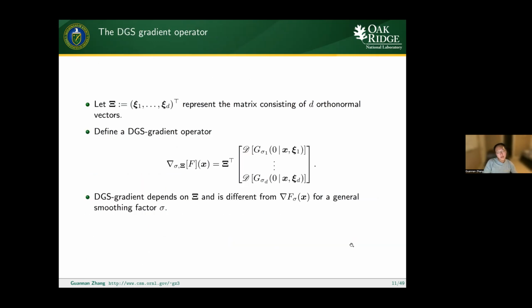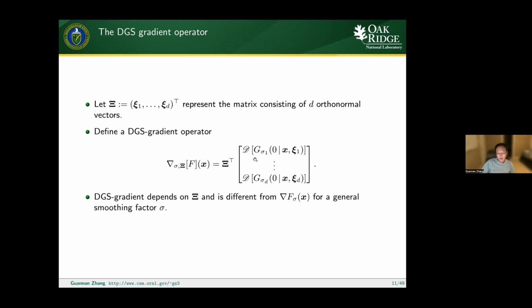Okay. Now, in order to define a gradient operator, we need d partial derivatives. So we can choose an orthogonal system in the R^d space defined by ξ1 through ξd, and along each direction we perform 1D smoothing, and then take the derivative to formulate a directional derivative along each of the d directions.